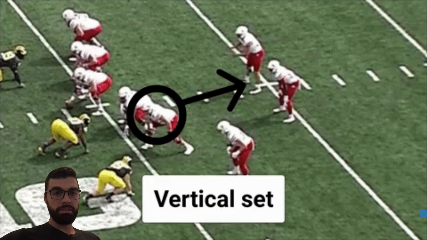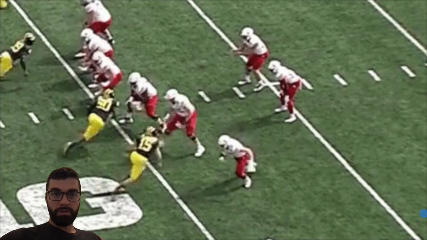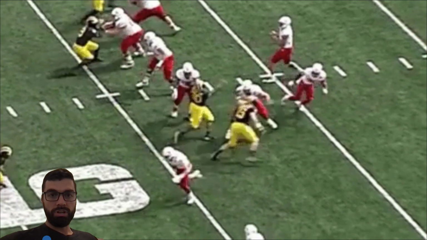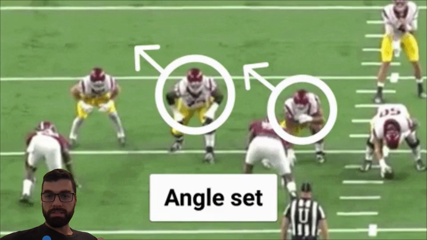So let's look at some more examples of these. So here's a vertical set. For a vertical set, an offensive lineman is going to go straight backwards. Usually, you'll have an offensive lineman who does this who is a bit bigger and can sit on bull rushes a bit better. So you generally have heavier offensive linemen doing vertical sets.